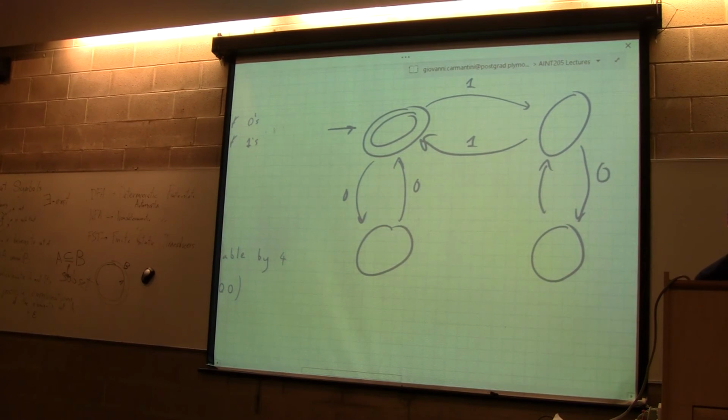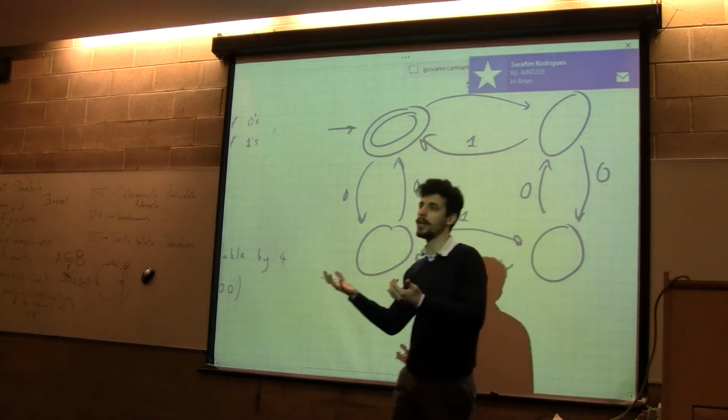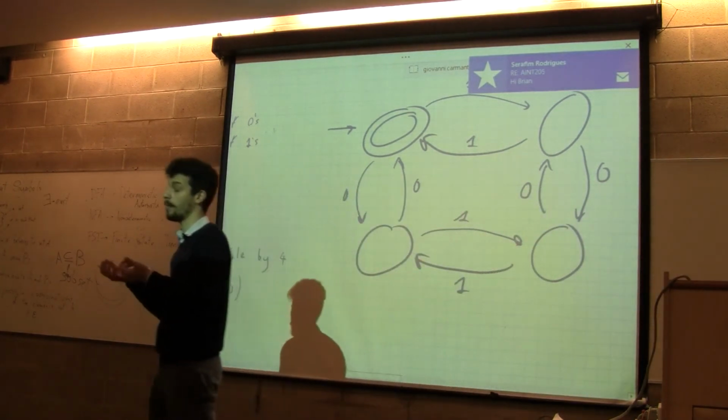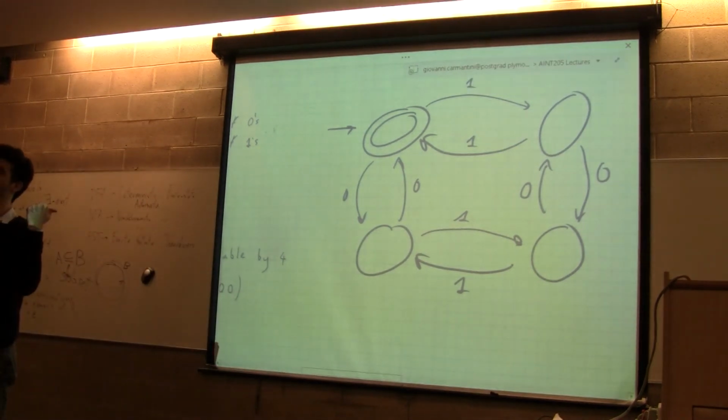So I will do like that, and the same goes for here. And you can check whatever string you can think of that has an even number of zeros and ones will be accepted by this machine.